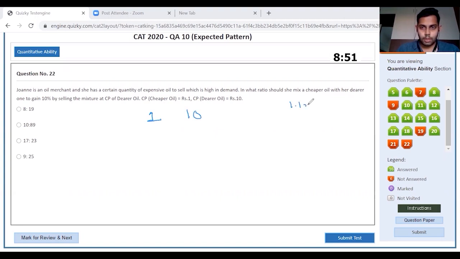So 1.1 times x is equal to 10. X is basically equal to 100 by 11, which should be my selling cost price. So I need to get my cost price to 9.09. So 100 by 11, right?